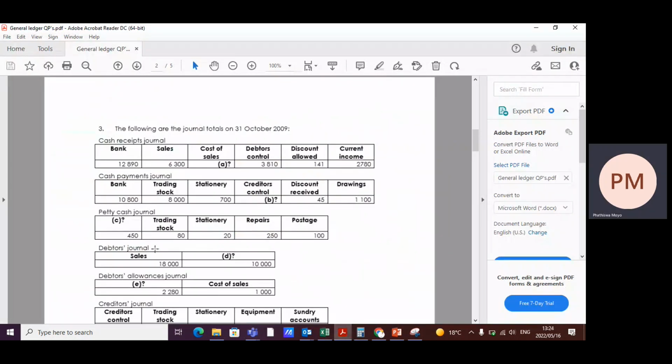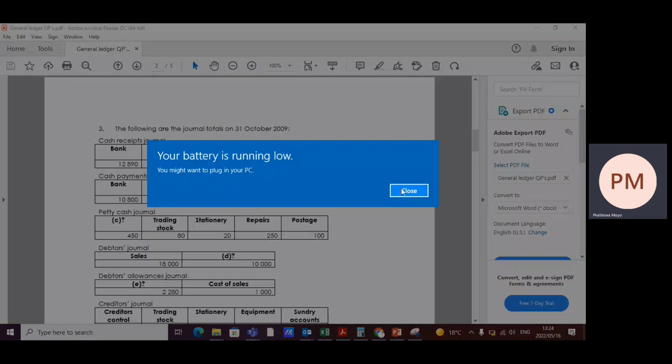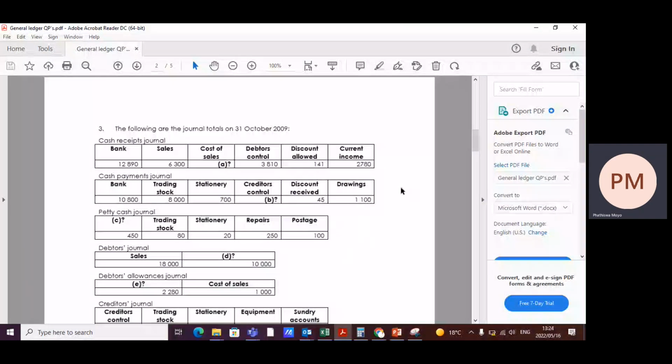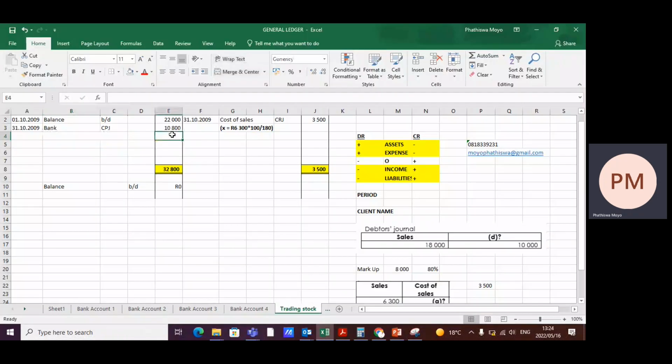Then the petty cash. This is us taking money from the petty cash to buy trading stock. So that amount is 80 Rand. So which side are we going to put it? This side, because we purchased stock.